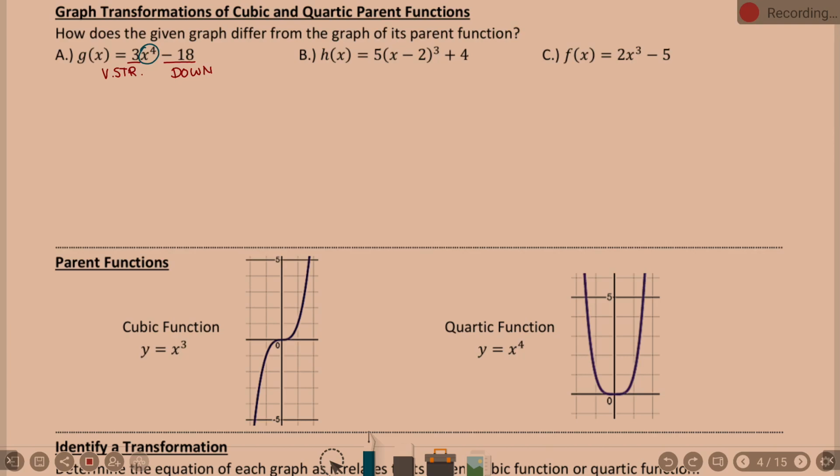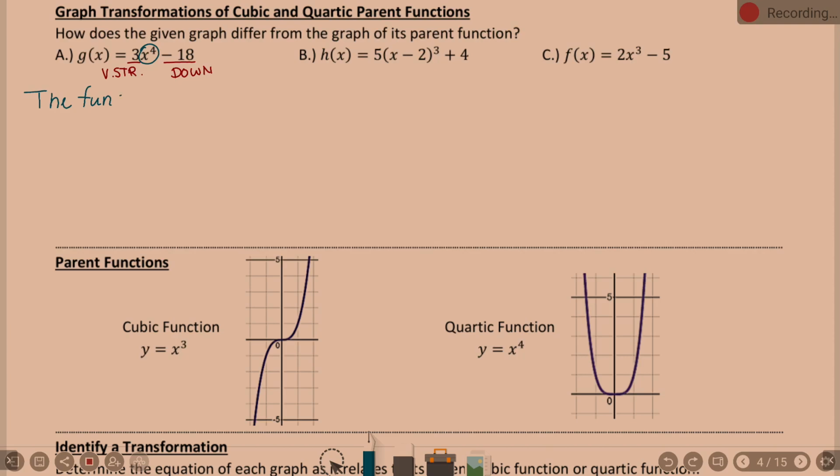It has a vertical stretch by a factor of 3, and it is vertically translated down 18. So the function y equals x to the 4th has a vertical stretch by a factor of 3 and translated down 18. That's what I'm going to be looking for.